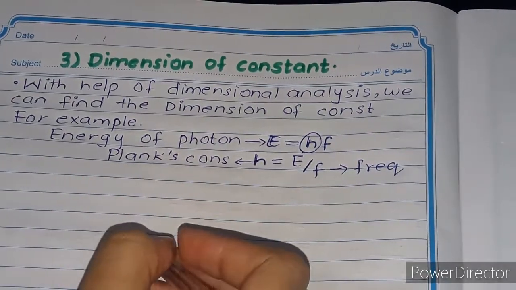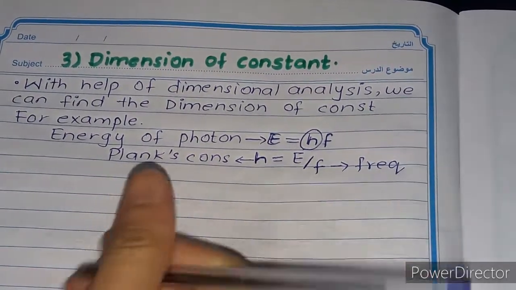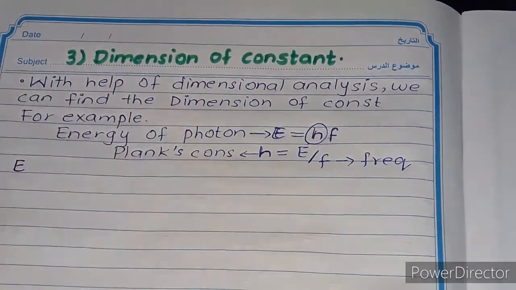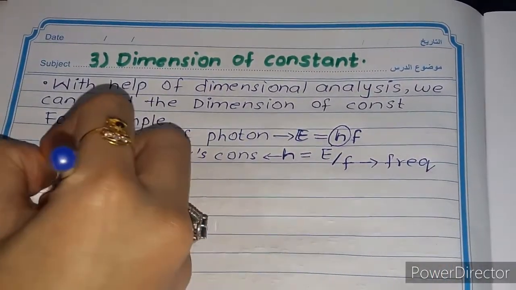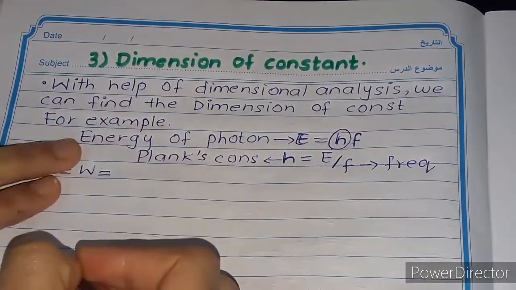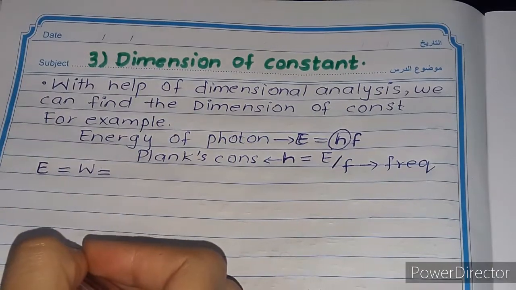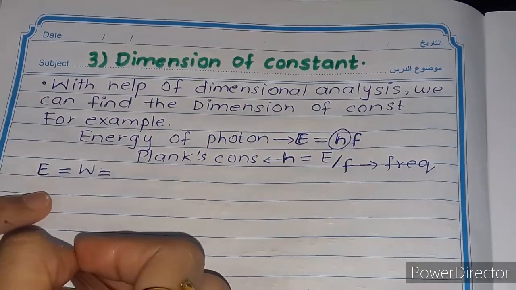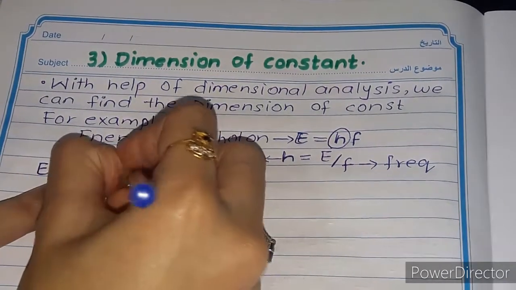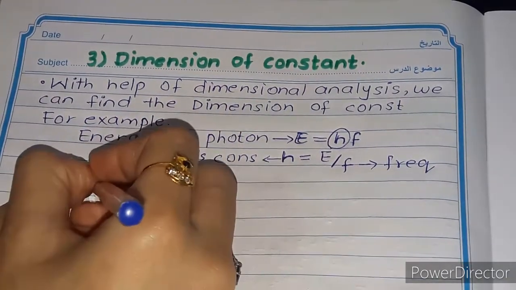First we have to find the dimension of E. E is equal to work done, or you can take the formula of kinetic energy or potential energy. I am taking work done here. Work done is equal to force into displacement.